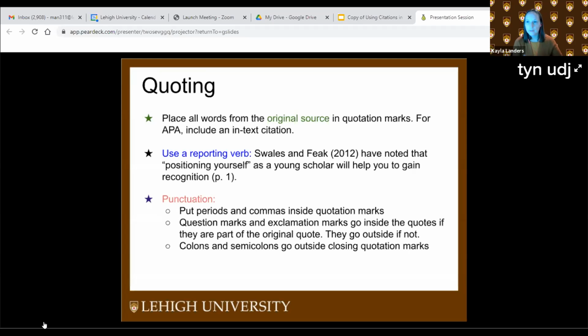So you give some lead-in information, why is it relevant, give the quote, and then explain it. You can't just throw it in there. You have to explain how it connects with what you are trying to argue. So some key things about quoting, of course, is put it in quotation marks. Use a reporting verb.